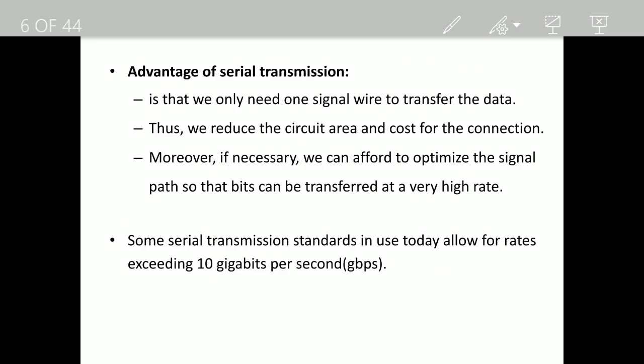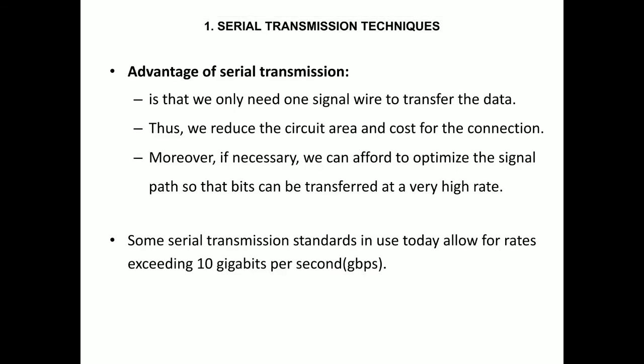The advantage of serial transmission is that we need only one wire, a single wire, where the data can be transferred bit by bit. Since we are using only one wire, fewer wires are needed, so area reduction will be there.